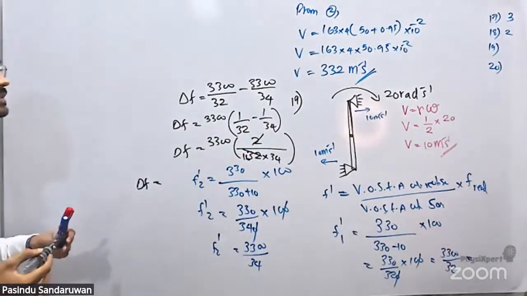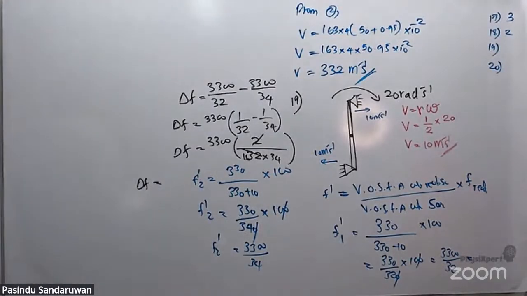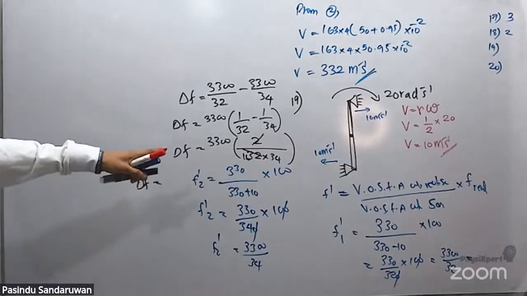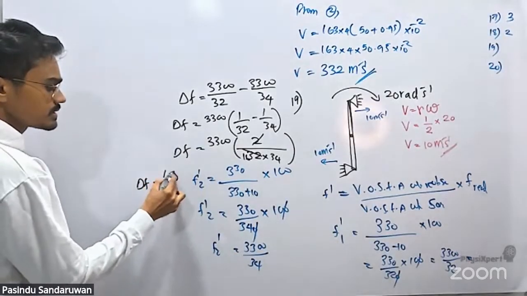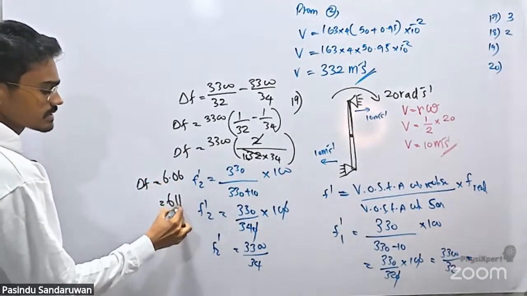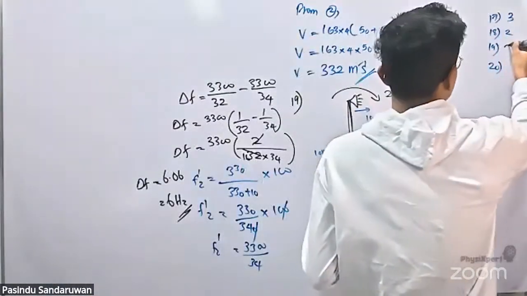Delta f equals 3300 over 16 times 34, which is 6.06. So this comes to 6.06, which means 6 hertz. 6 is the given answer, so for 19, answer 2.